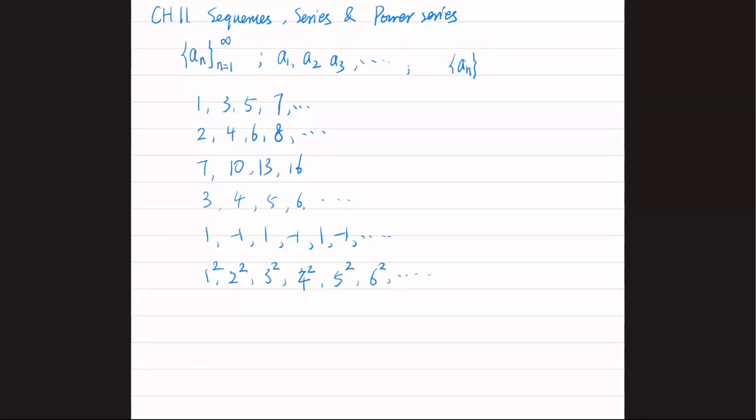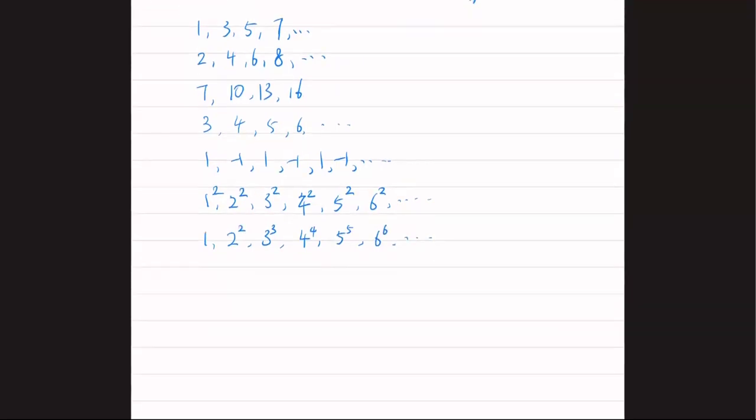Oh, I can go even crazier: 1, 2 to the square, 3 to the cube, 4 to the fourth power, 5 to the 5th. I can go the reciprocal: 1, and so on. So this is descriptive.